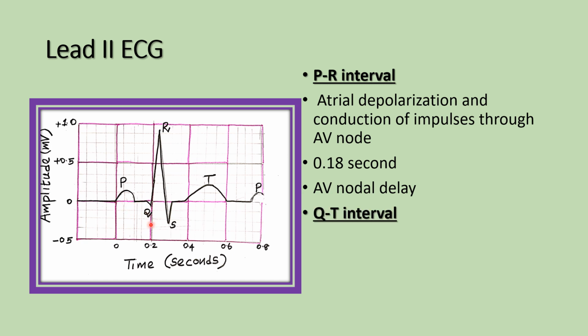QT interval is the onset of the Q wave to the end of the T wave. So it depicts the ventricular depolarization and ventricular repolarization. The duration of the QT interval is 0.4 to 0.42 second.